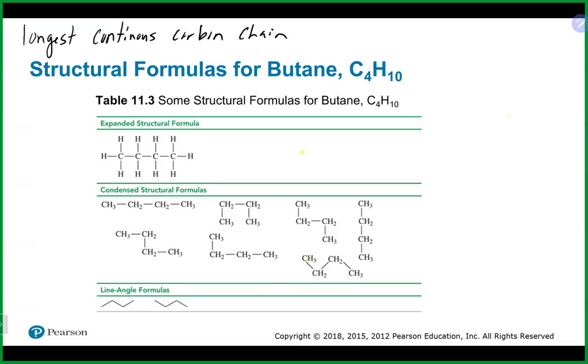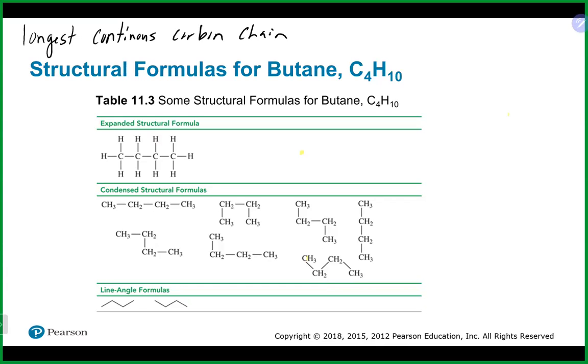What that means is you should start counting carbons on one side and keep going to the other side until you can't go any further. You kind of hit a wall. The only deal is you cannot back up. So it's like a one-way street. You go until you can't go any further, and that's how many carbons there are.